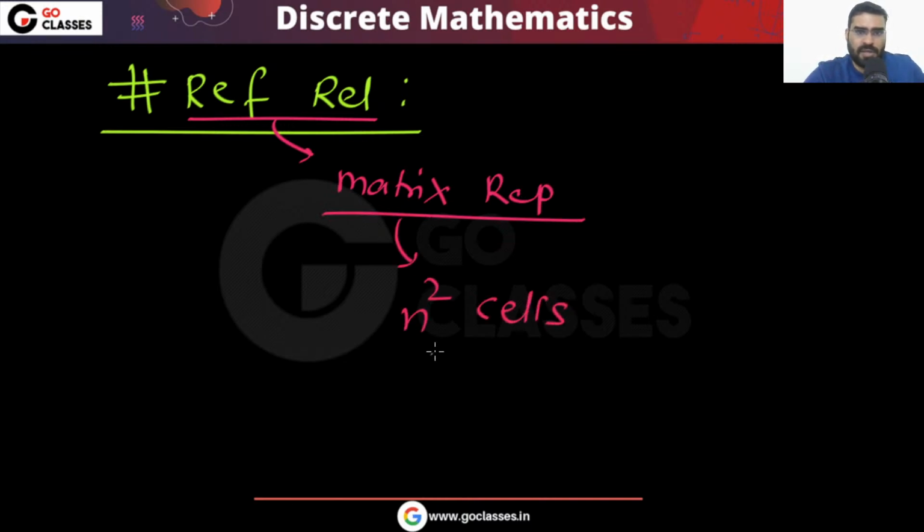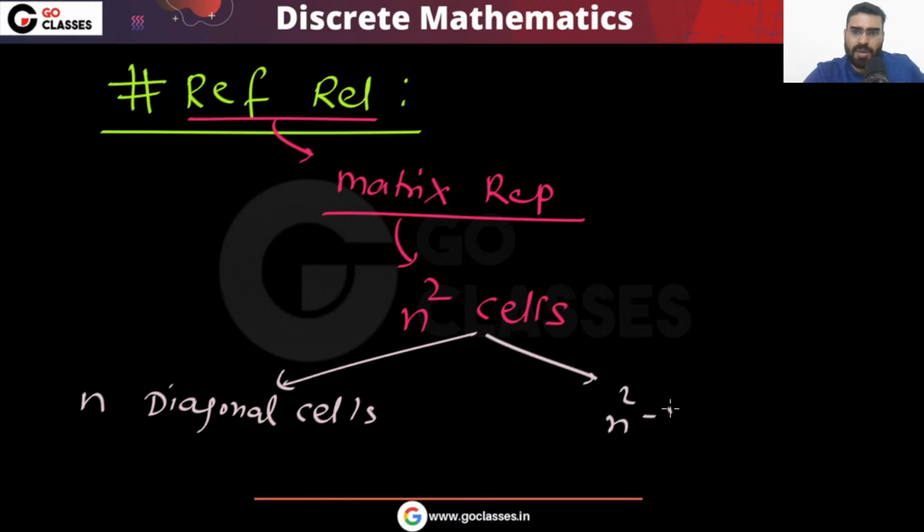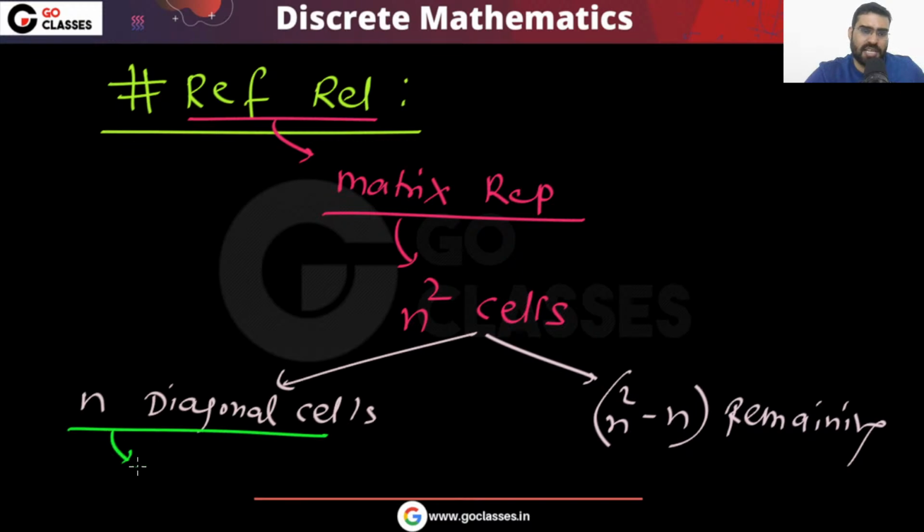From these n square cells, n are main diagonal cells, and the remaining are n square minus n cells. For the diagonal cells, there is only one choice for each cell.